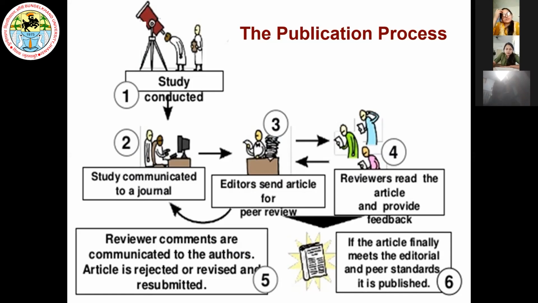Once you communicate, it goes to an editor, and then from the editor it goes to the reviewer. The reviewer gives valuable comments, and then it may be accepted at once or it may need revision. If the reviewer suggests revision, it comes back to the editor and then to the researcher, and we submit the revised version again to the editor and reviewer. Finally, once they are satisfied, it is accepted, and you get a published work, that is, the paper comes out.